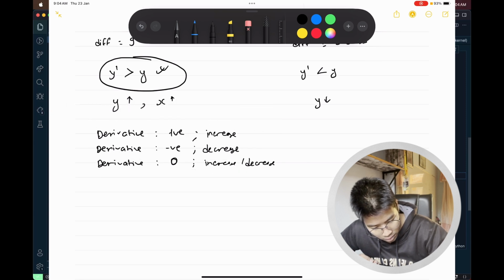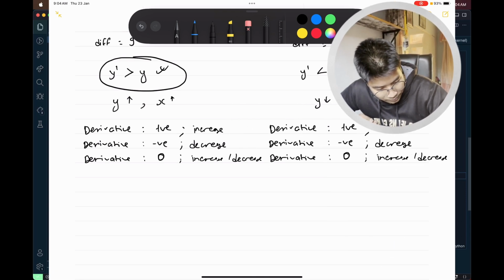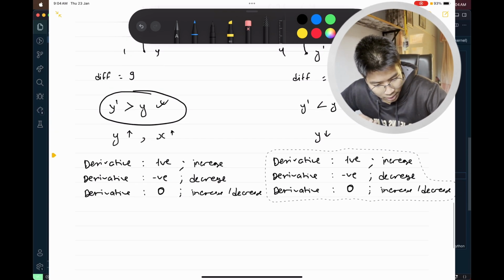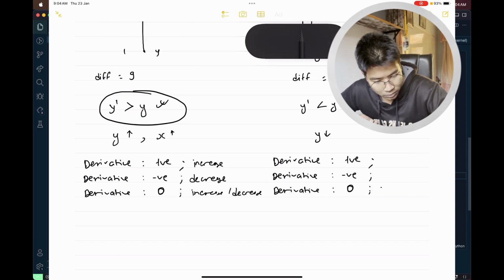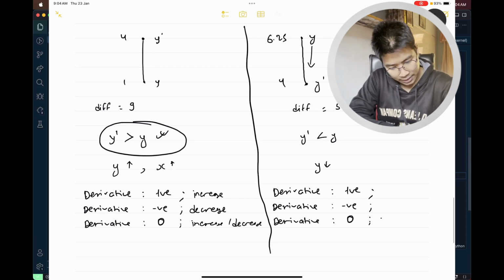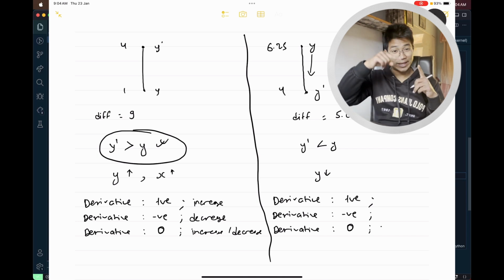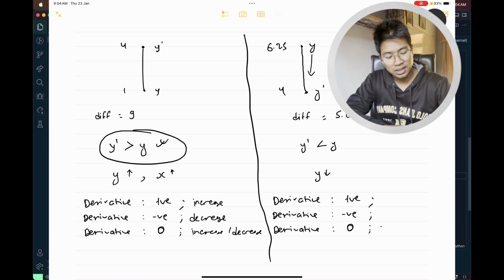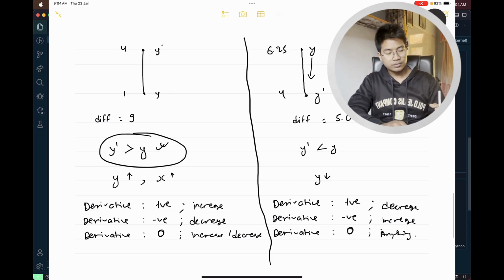So if your derivative is positive in this case, that would mean that increasing x will increase y. You don't want to increase y, you want to decrease it, because your y is already greater than y dash. So you would want to decrease, and over here you'd want to increase, and over here you can do anything, it doesn't matter. Does that make sense?